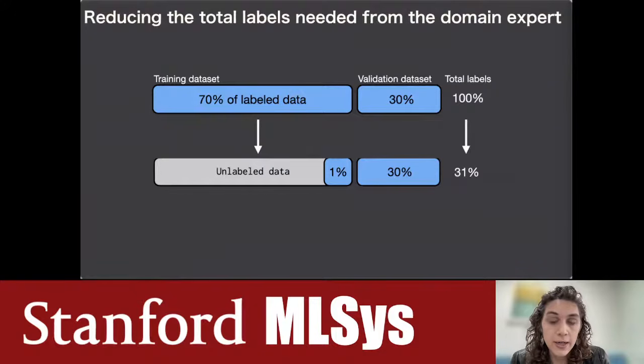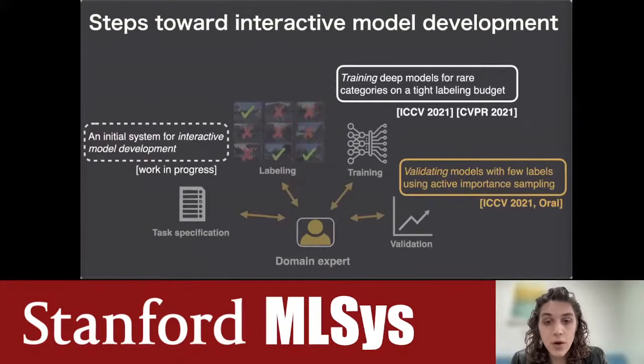So it's sort of an Amdahl's law situation. And so while we've decreased the training labeling costs quite a lot, the main dominant cost of labeling is actually now validation. So we actually still need many human labels overall, which makes it difficult for a single domain expert to build models. So this brings us back to our recent work on validating models with fewer labels.